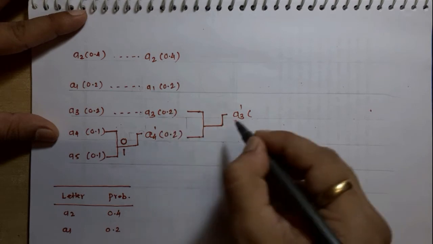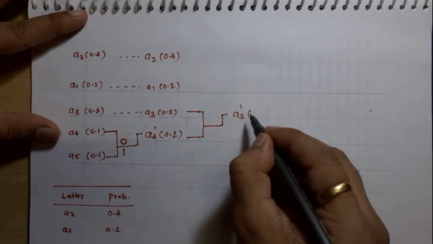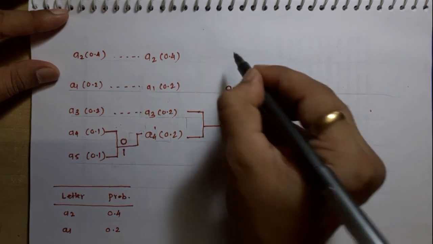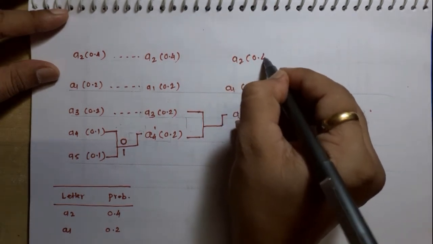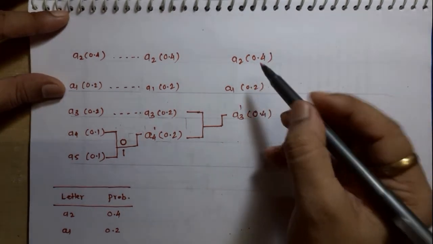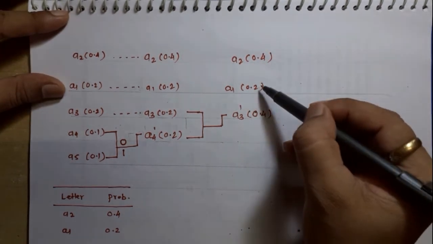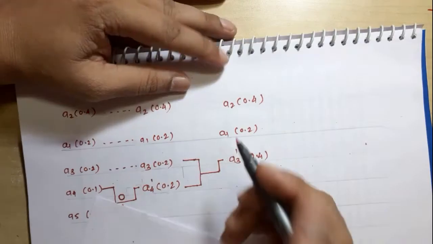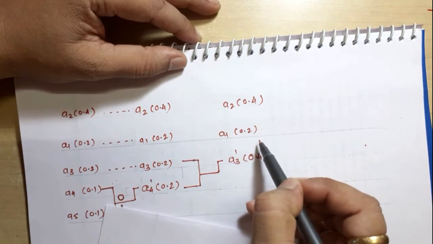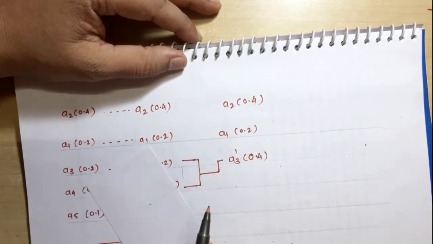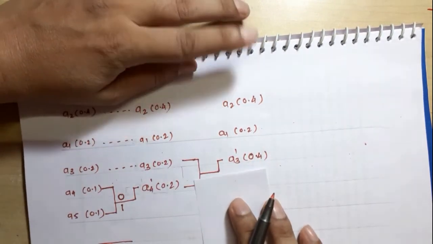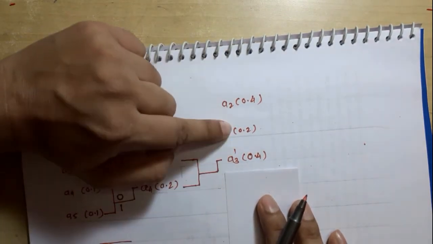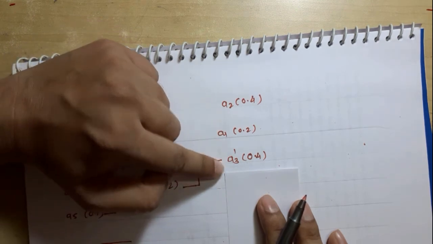So 0.2 plus 0.2 gives 0.4, with A1 as 0.2 and A2 as 0.4. Now we have 0.4, 0.2 and 0.4, so the descending order is not maintained. We rearrange them, swapping locations so that A3 dash comes up and A1 goes down.